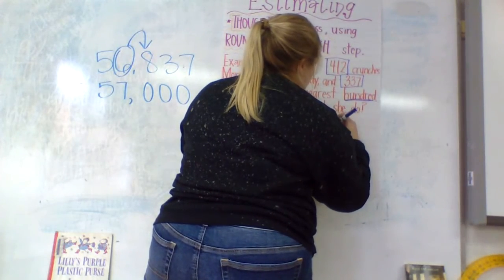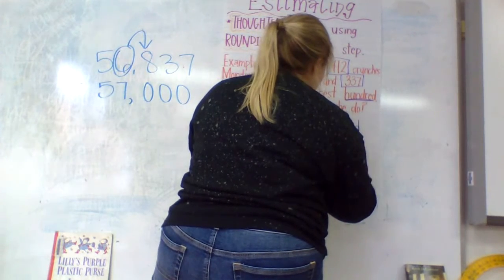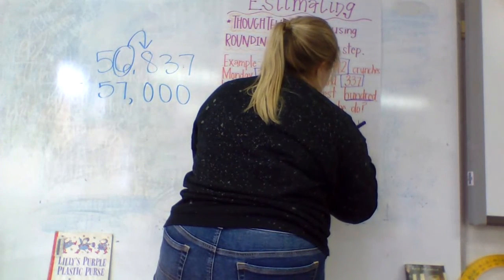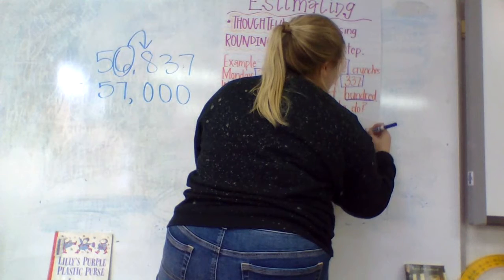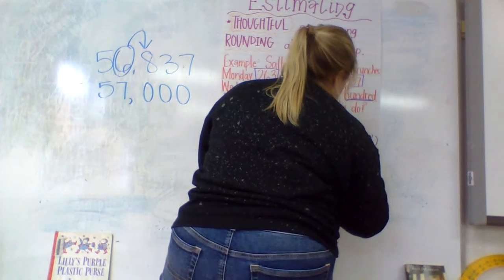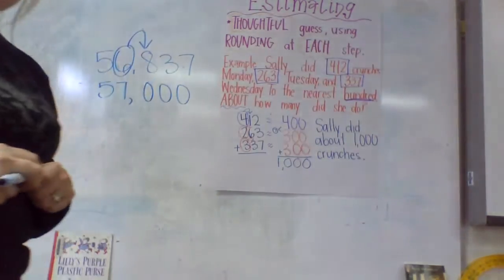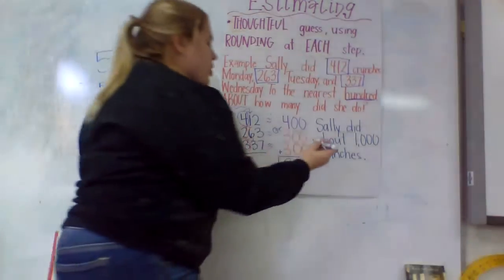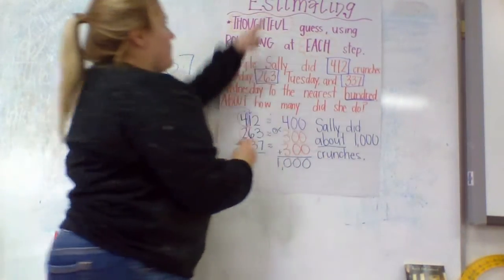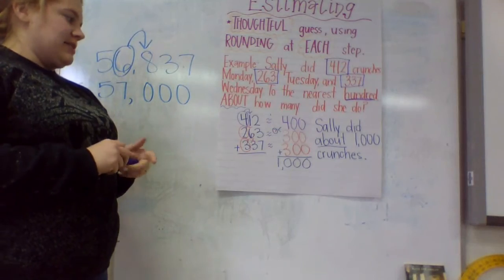Sally did about 1,000 crunches. She did about 1,000 crunches. I need to put the word about. That's important because I've estimated. I've made a guess. That is not the exact answer.